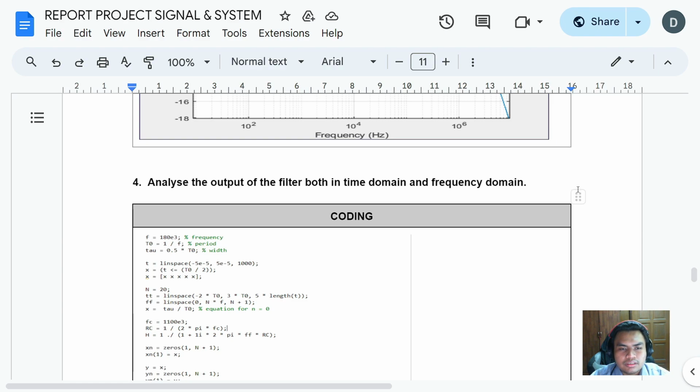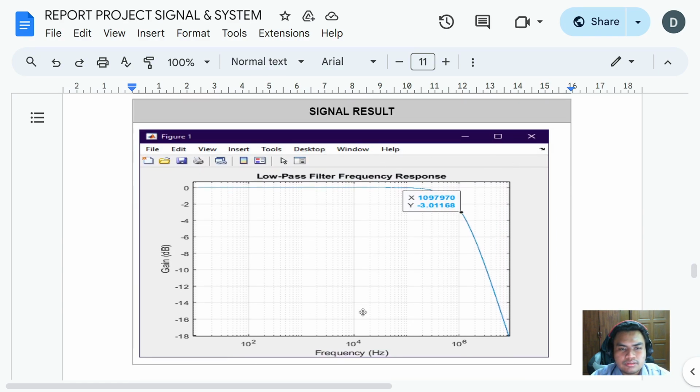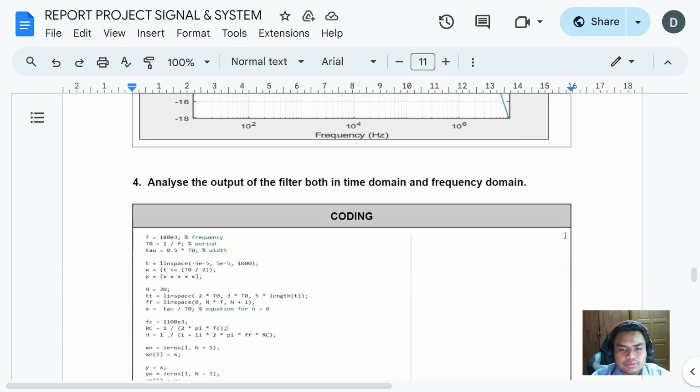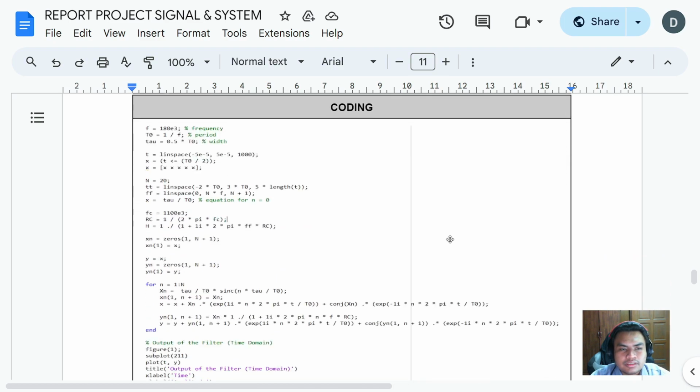The fourth question is to analyze the output of the filter in both the time domain and the frequency domain. So for the low pass filter, we need to see the output in the time domain and the frequency domain. This is the coding. We just need to assume the frequency, the cut-off frequency, this is FO and this is FC.